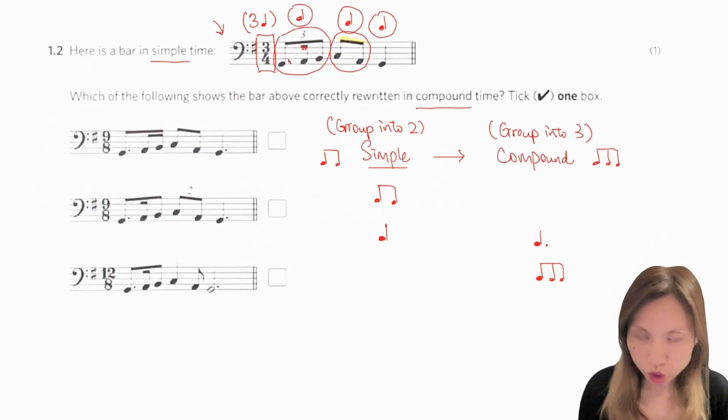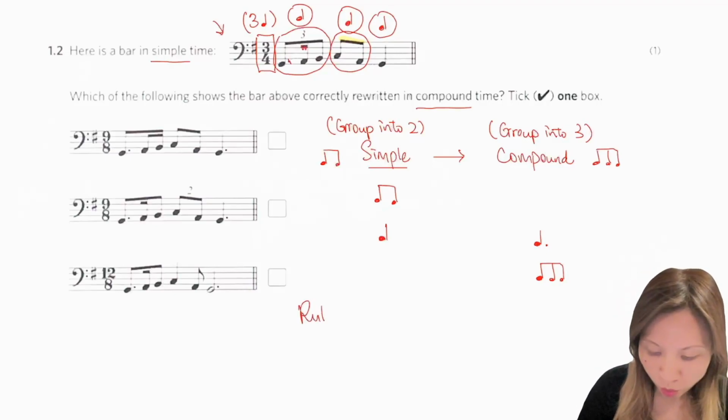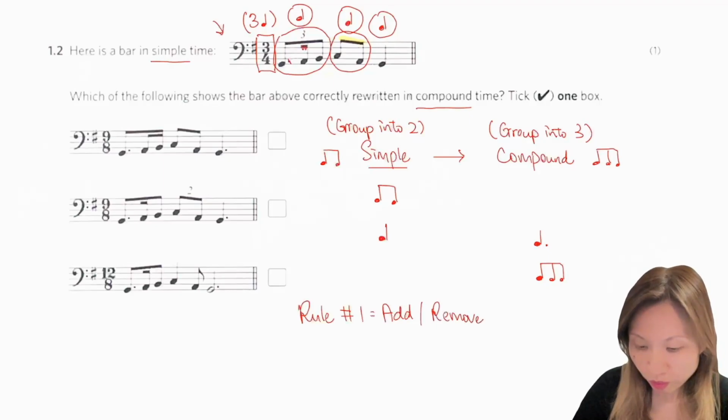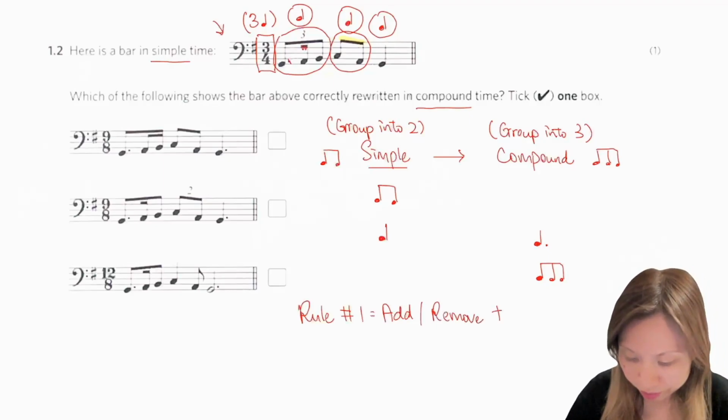What you would do is, rule number 1, you will either add or remove a dot.